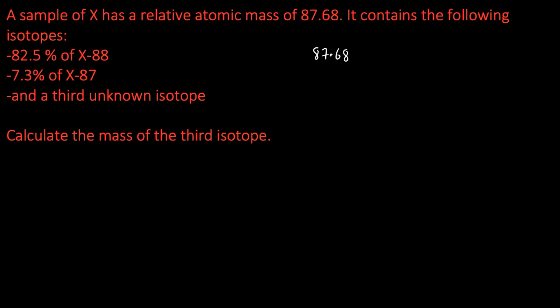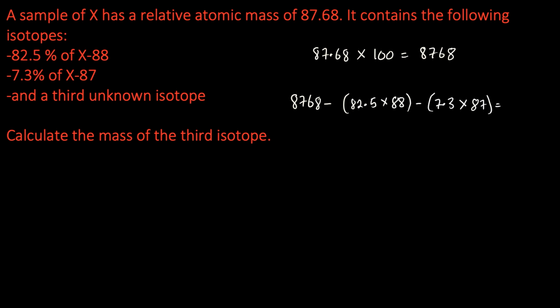Multiply the relative mass by the total abundance and we get 8768. Subtract the 2 known isotopes and we get 872.9. Divide this by the remaining abundance, which is 10.2, and we get 85.6, rounded off to 86.